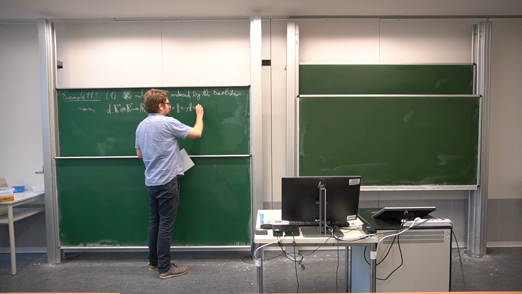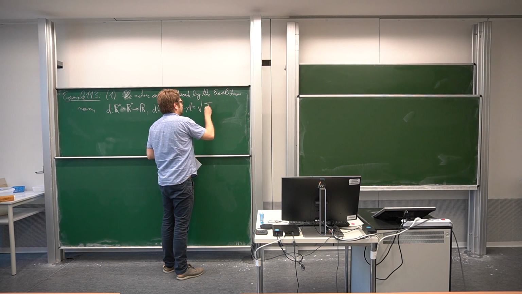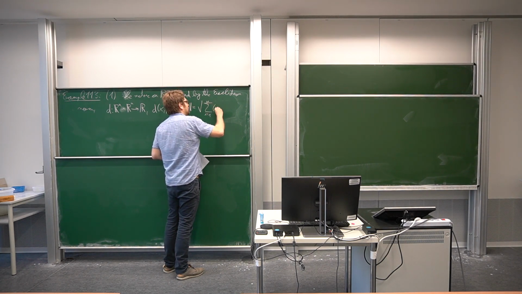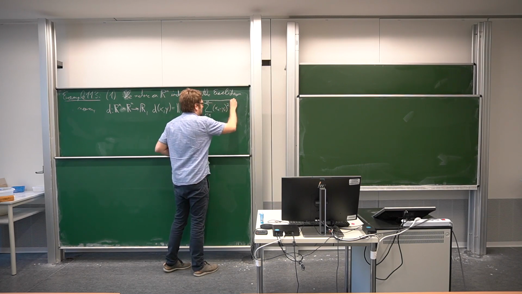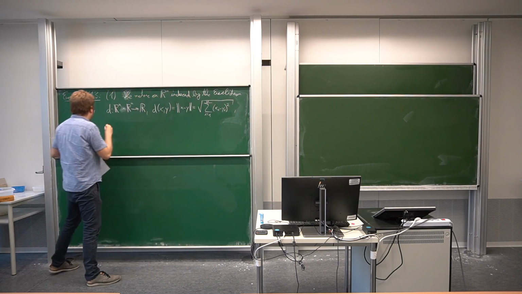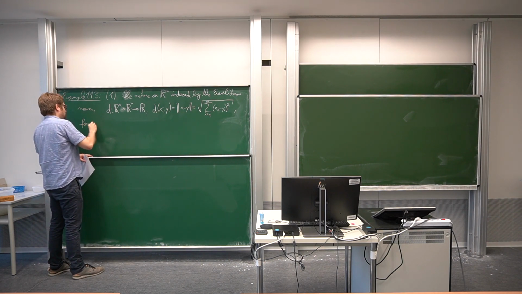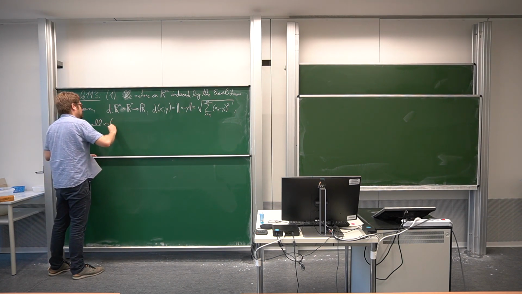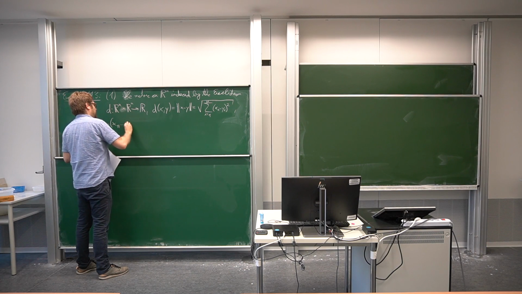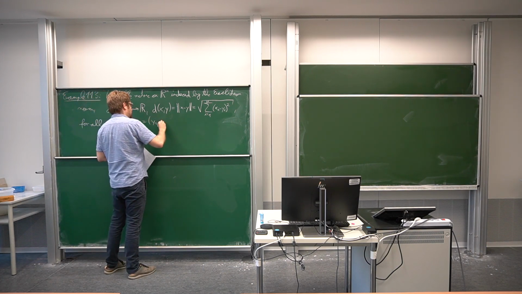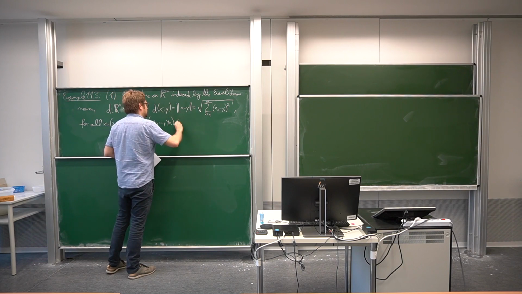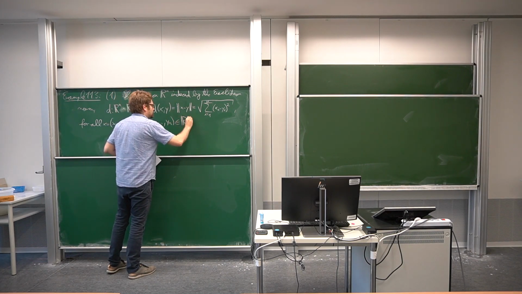And in the components, this reads as the square root of the sum of the squares, namely the sum from i equals 1 to n of (xi minus yi) squared. And this for all x equals (x1 to xn) and y equals (y1 to yn) in Rn.